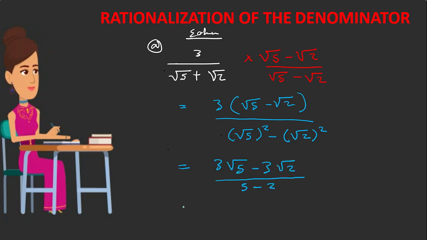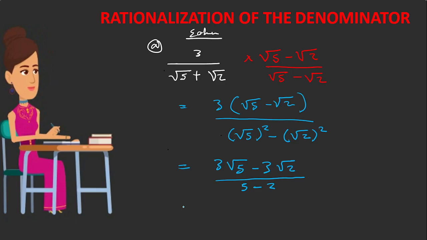So this expression, let me change that point because some people might need some questions. So there you're going to have 3 square root 5 minus 3 square root 2 over 5 minus 2, which is simply what? It's simply 3.